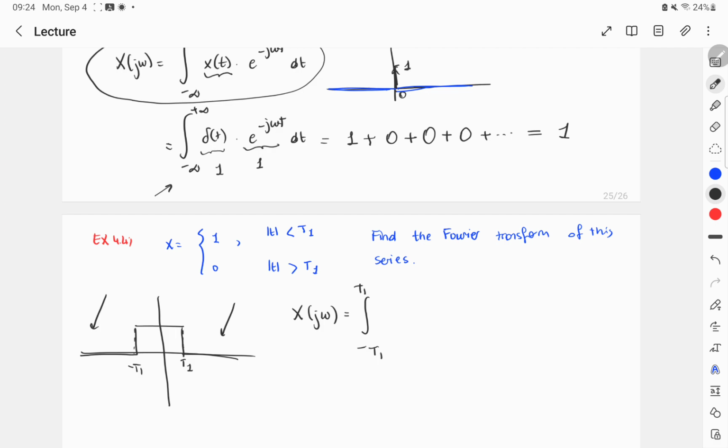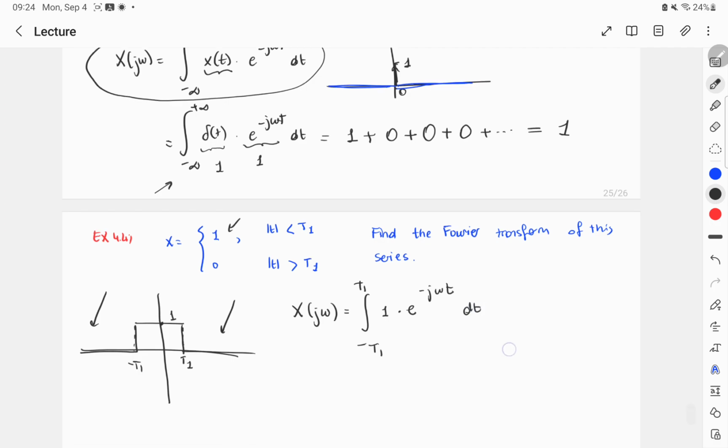And then our function itself is what? Here we have 1. So we were writing 1 times e to the power of minus jwt dt, right?